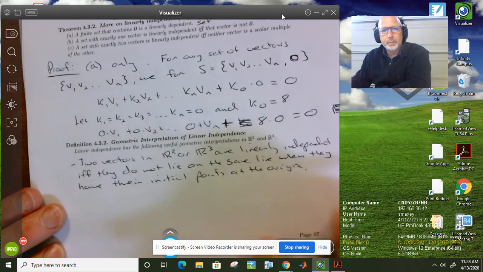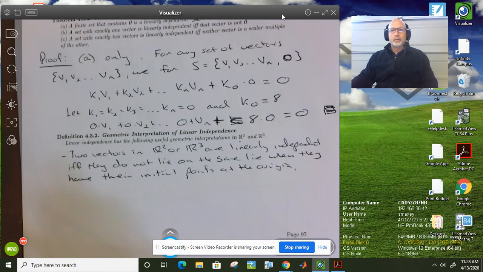All that's saying is that they're parallel. This is a fancy way of saying that they're parallel. As long as they're not parallel, they should be linearly independent.